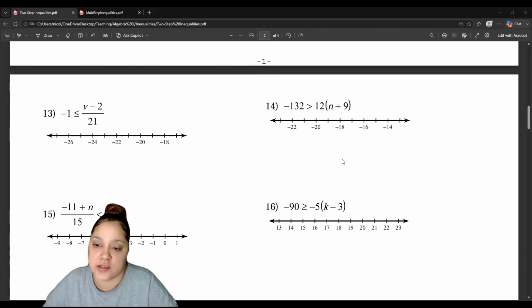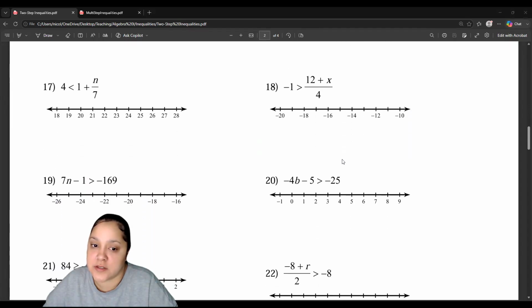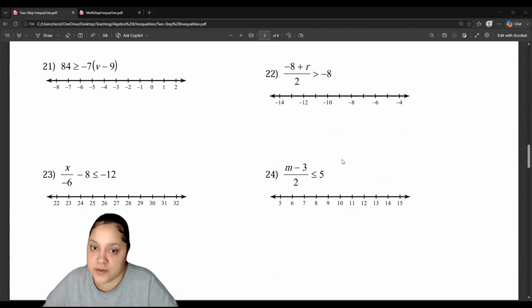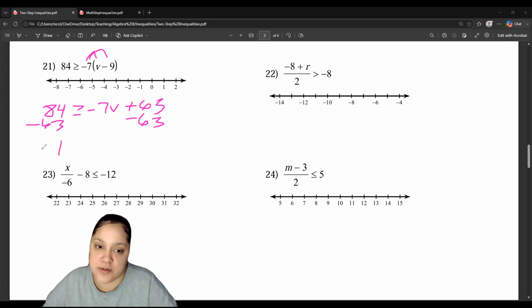Let's kind of look through some of these, kind of go through all the different scenarios. Okay, I guess I'll just do this one. So when we distribute, 84 is greater than or equal to -7v plus 63. We then want to subtract 63 from the other side, which gets you 21 is greater than or equal to -7v.